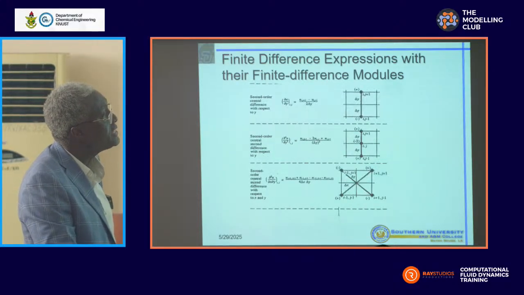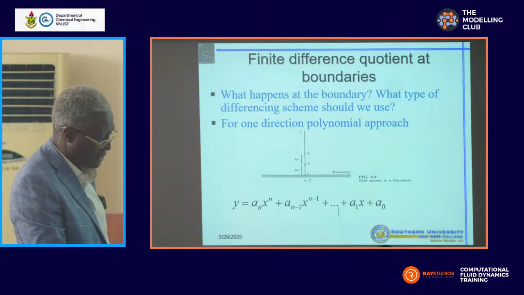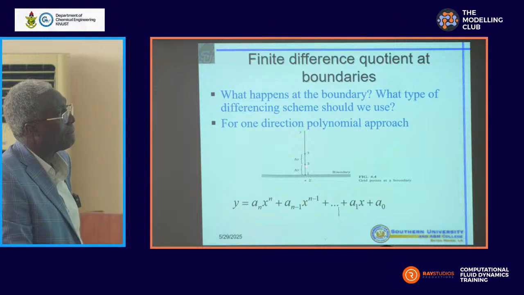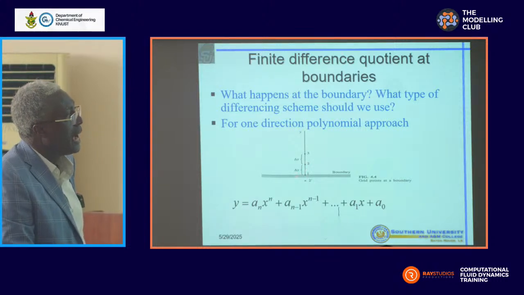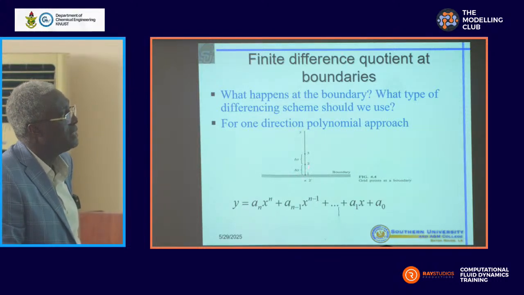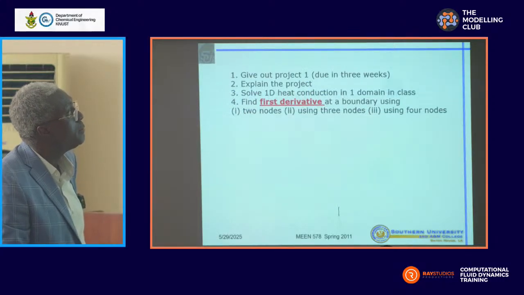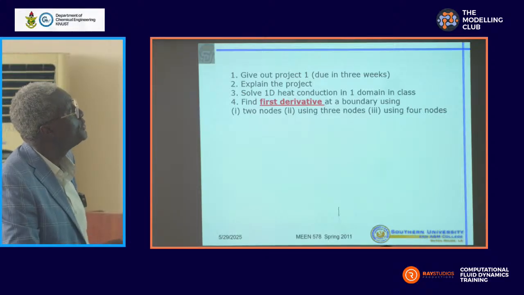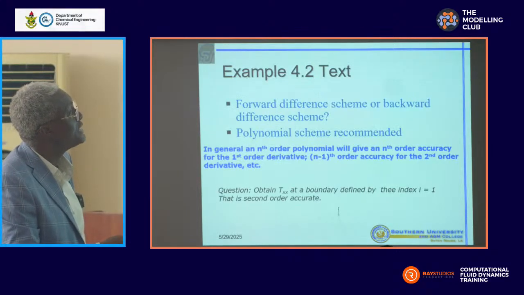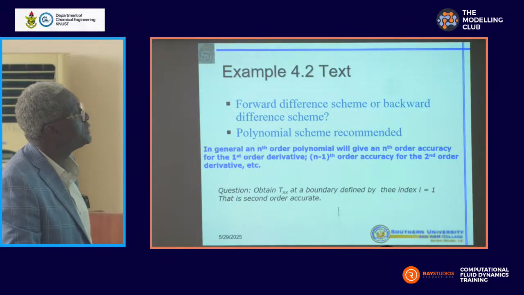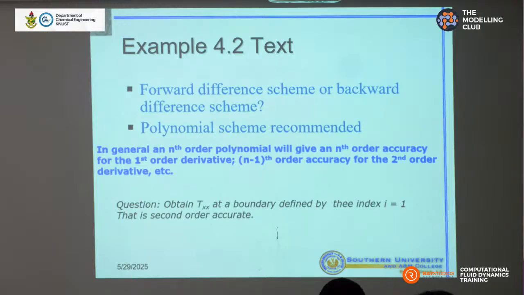Now, but what happens when we have a boundary? A boundary node such as this point. How do we represent it? Well, that boundary node basically depends on the boundary conditions. I'm not going to hold you to this, so let me just skip it, and I'll get back to the boundary conditions.